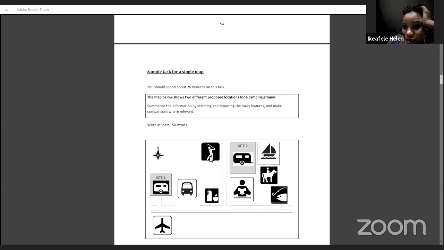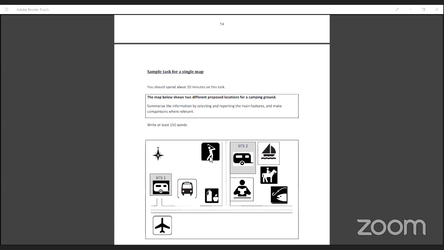East. Northwest, south. Northeast. Who said northeast? It's on the northeast. Okay, you are correct.